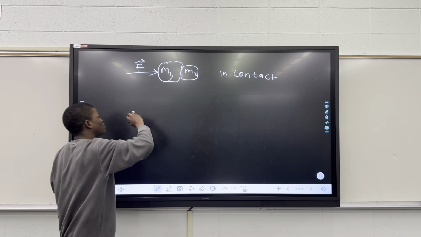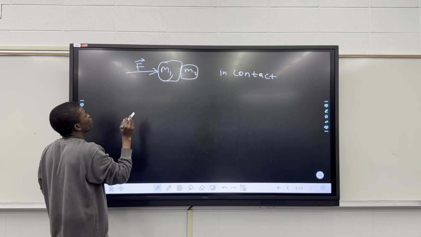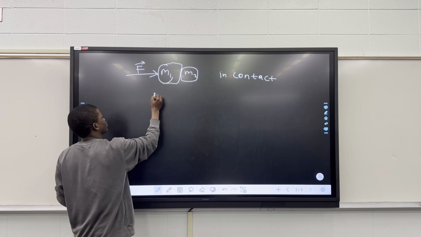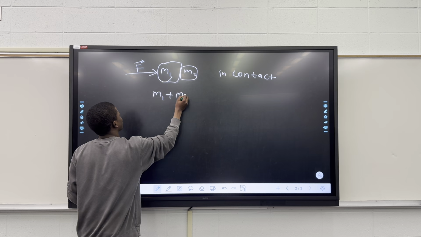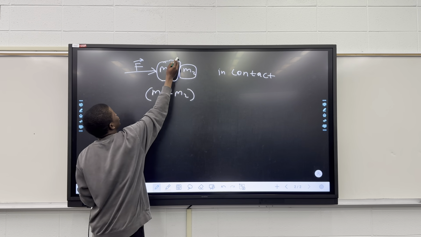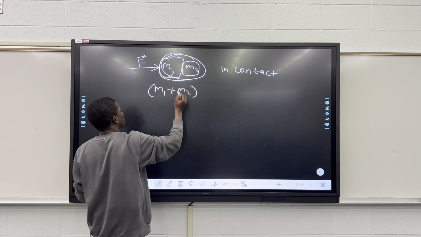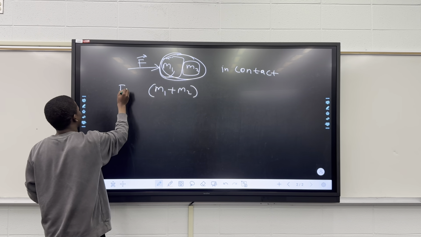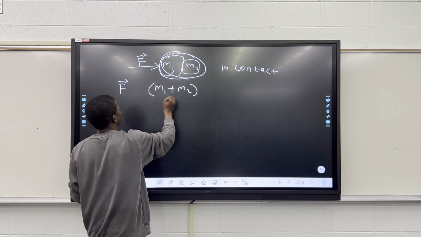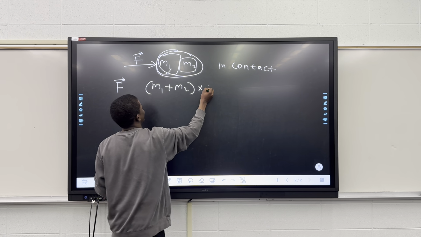So the acceleration of the system will be based on the sum of masses in the system, which is this whole mass. You can just assume that this is one whole block. So the force will be the mass of the system times the acceleration of the system.